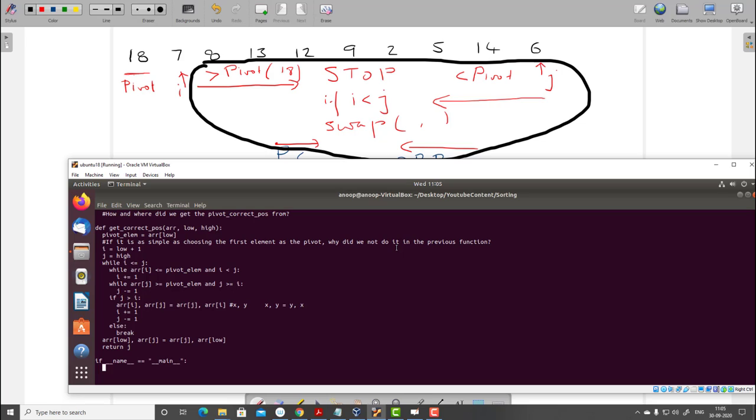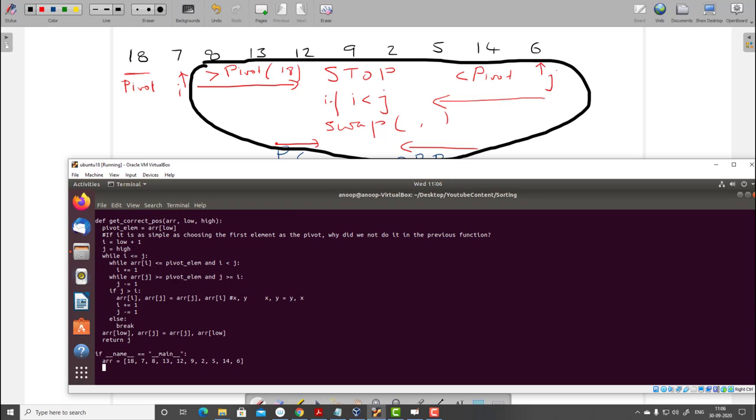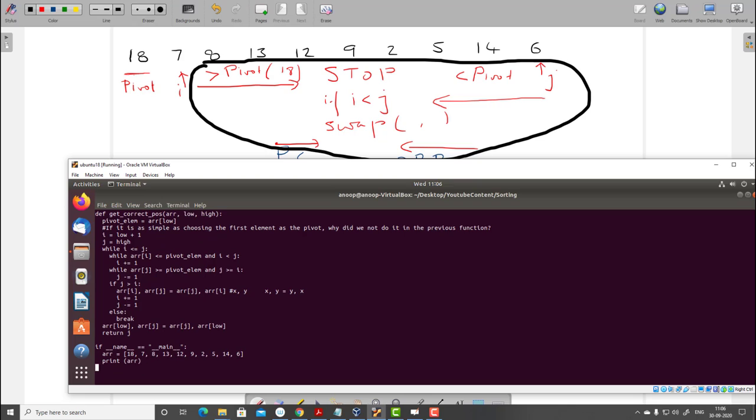Okay, and what was the array? So we declare an array: 18, 7, 8, 13, 12, 9, 2, 5, 14, 6. Then we print the array so that we can see the actual array.